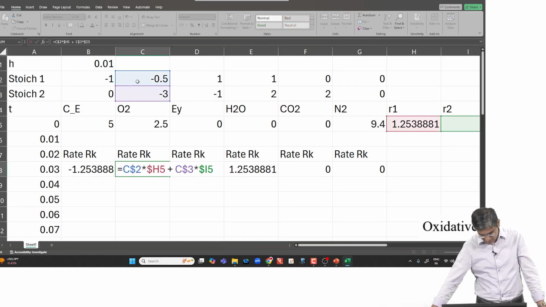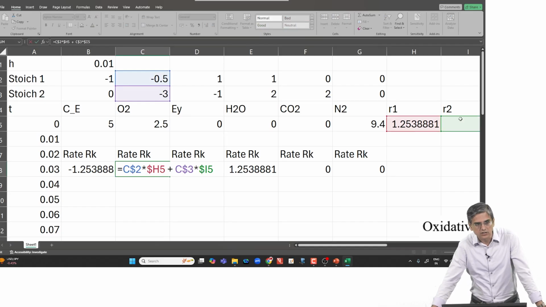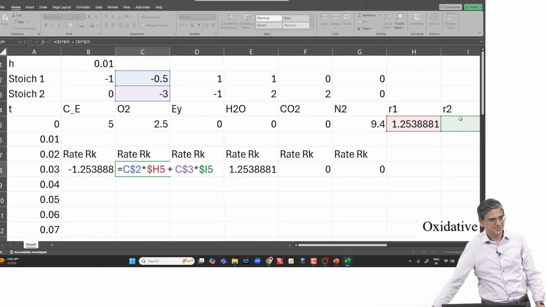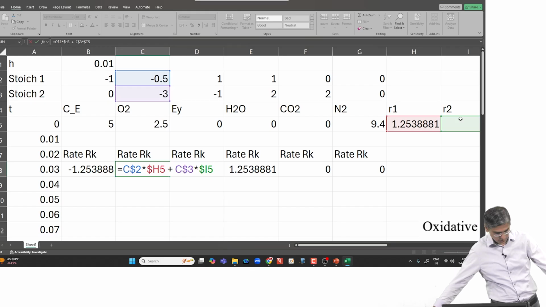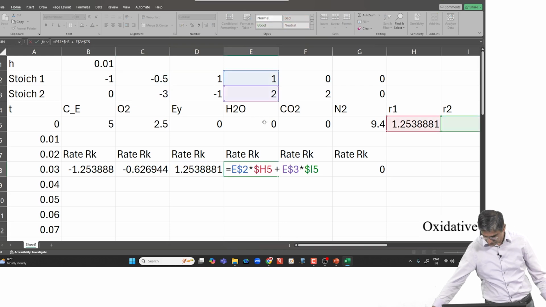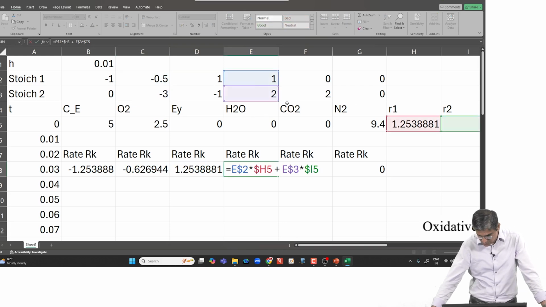This is this blue multiplied by red plus purple multiplied by green. If you've not done a lot of Excel, then don't worry about where to put the dollars. That's perfectly fine. All you want to do is check whether or not these numbers are okay.